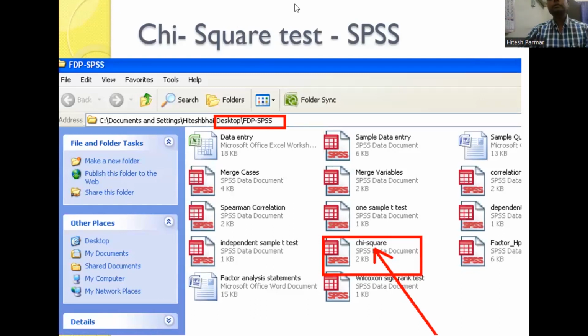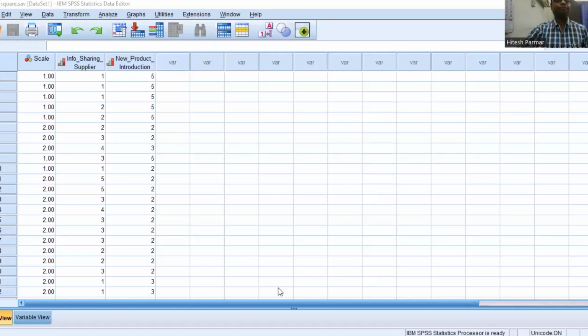So let us open SPSS and open the file. The name of the file is chi-square. Let me share my screen for SPSS. How many variables are we able to see? Three variables: scale, information sharing with supplier, and new product introduction.